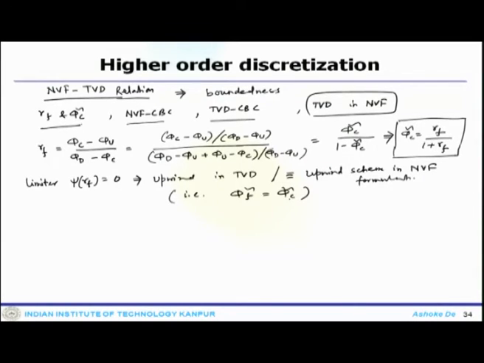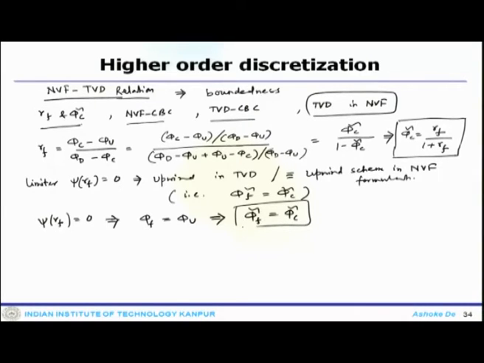So, this follows the fact that psi r f equals 0, that means phi f equals phi u, which in other words is phi f tilde equals phi c tilde.